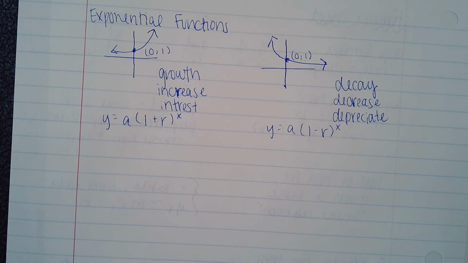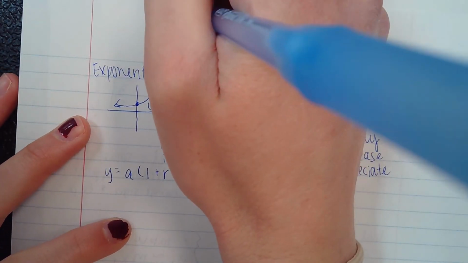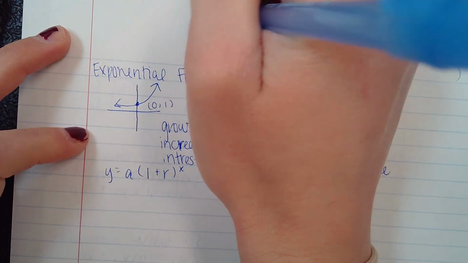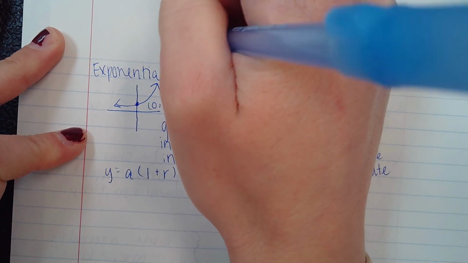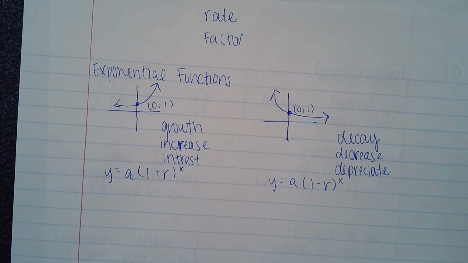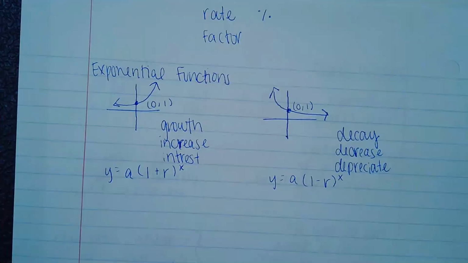I want to jot down 2 things at the top of your page. Rate versus factor. Do you remember those things like your growth rate or your growth factor or your decay rate or your decay factor? Do you remember talking about the difference between those two? So the rate is just that r value, just the percent, whatever it may be. What's the factor?